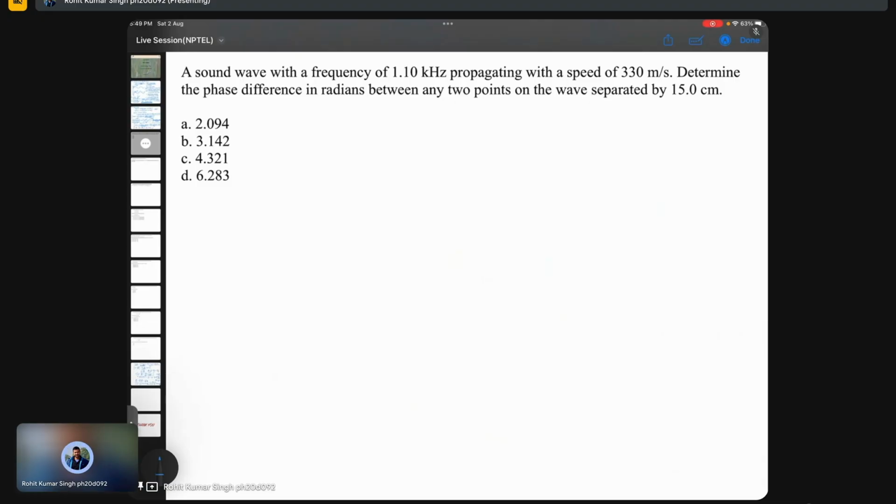The question says a sound wave with a frequency of 1.10 kilohertz propagating with a speed of 330 meter per second. Determine the phase difference between any 2 points on the wave separated by 15 centimeter. So everyone knows how to solve this, right?